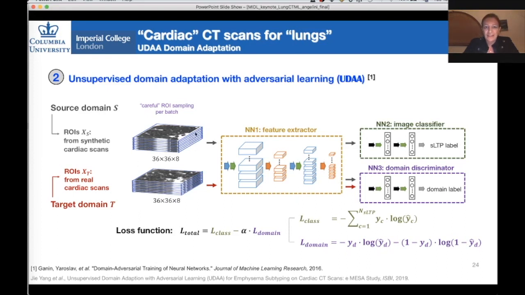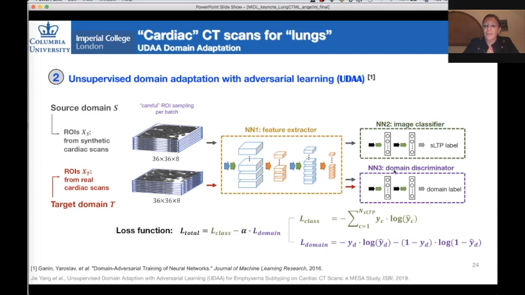And equipped with that, you can feed those ROIs to three neural networks. The first one is the feature extractor, which works on both source and target domain. Then we have a second network for the image classifier, which works on the ground truth labeling that we have for this source domain.